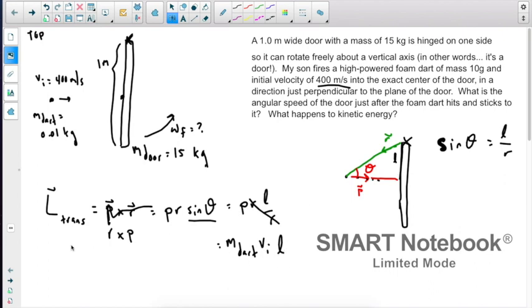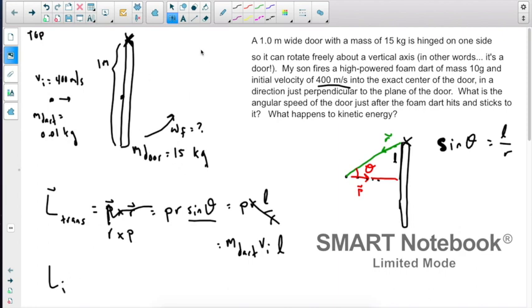So ultimately, the translational angular momentum of my dart with respect to this point just ends up being like the y coordinate, or the height away from that point at all times as the dart travels. And that's exactly what it should be. So there's the initial translational momentum of my system. That is the initial momentum. That's going to be my Li.